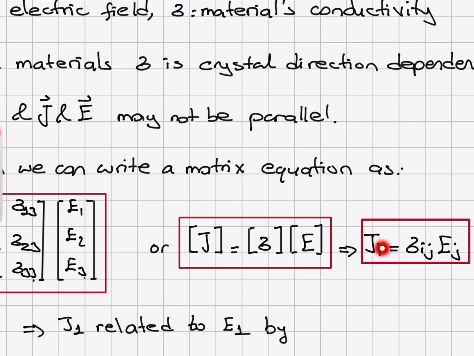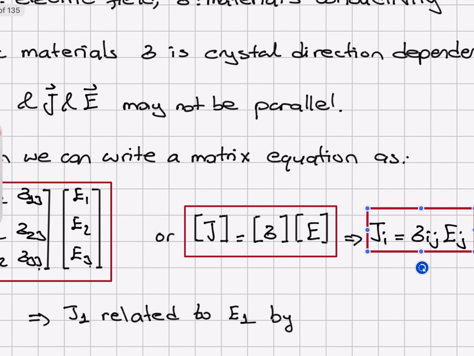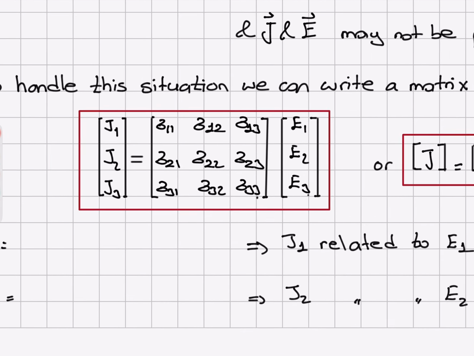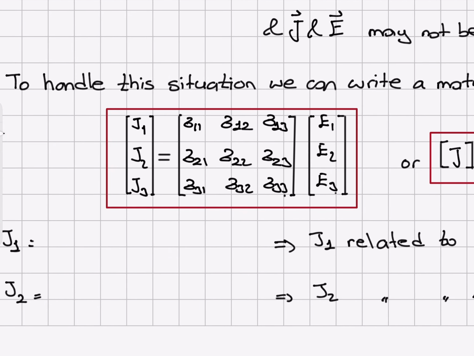So if I open this up, this means J1 is related to E1. And how is it related? J1 is sigma 1 1 E1, plus sigma 1 2 E2, plus sigma 1 3 E3.